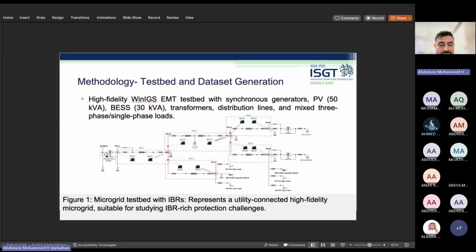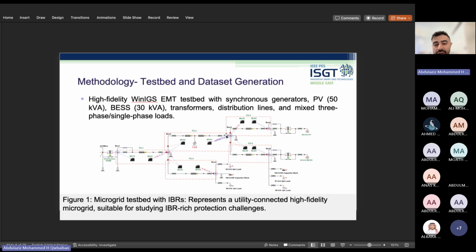So what do we have here? We have a distribution line, we have one feeder, we have those boxes, they are merging units, وحدات دمج يأخذون بيانات voltage and current from this point to this point. Then we have feeder 1 and feeder 2.